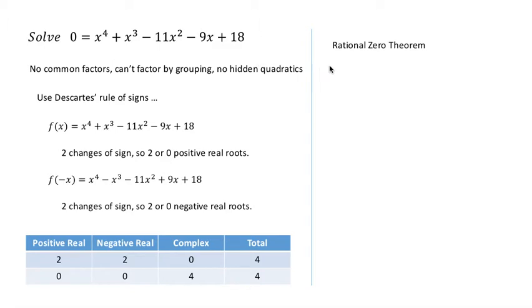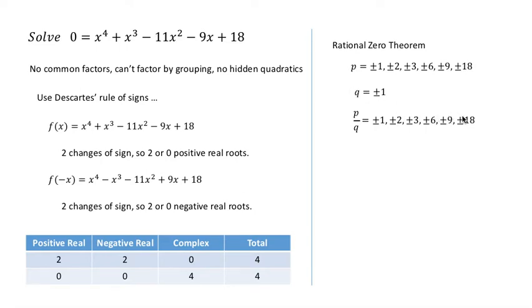So if there's a rational zero in there, if one of those numbers is rational, it's got to be somehow related to the 18 and the 1, 18 as your constant term and 1 as your leading coefficient. So if any of our real solutions here are going to also be rational, they're going to come from this list, from the factors of your constant term divided by the factors of your leading coefficient.